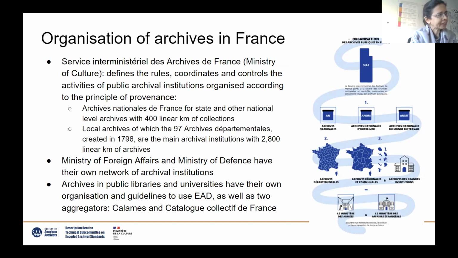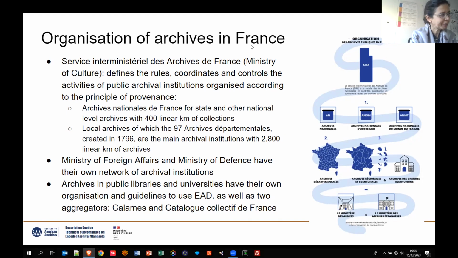The other main archival institutions are the 97 Archives départementales, created in 1796 for local government archives, one in each department, which is the main territorial subdivision in France. Due to local tradition and resources, description practices are diverse.